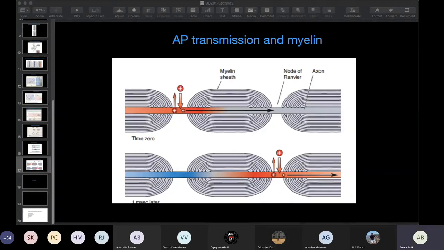I don't know how to change the screen now, but anyway, what I would suggest is that I'll send you the slides, and just read a little bit of whatever we talked about. You don't have to go through all of it because this is written more for a PhD program, neuroscience PhD. So you don't have to go through all the details, just read about the major concepts that we talked about.